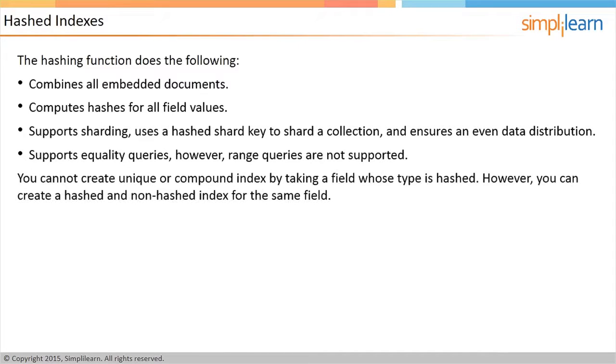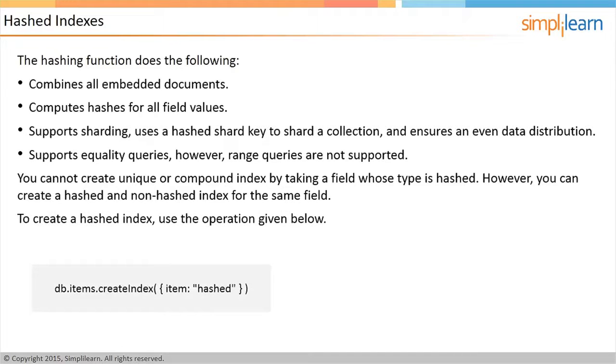You cannot create a unique or compound index by taking a field whose type is hashed. However, you can create a hashed and non-hashed index for the same field. MongoDB uses the scalar index for range queries. You can create a hashed index using the operation given on the screen. This will create a hashed index for the items collection on the item field. In the next screen, we will discuss TTL indexes in detail.